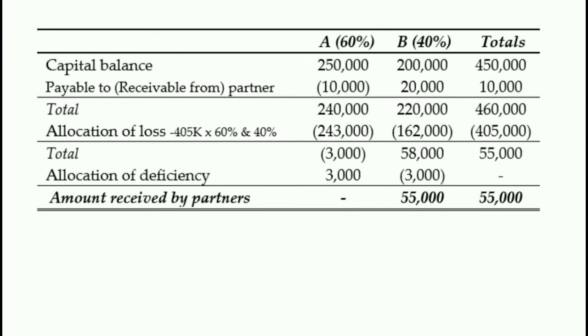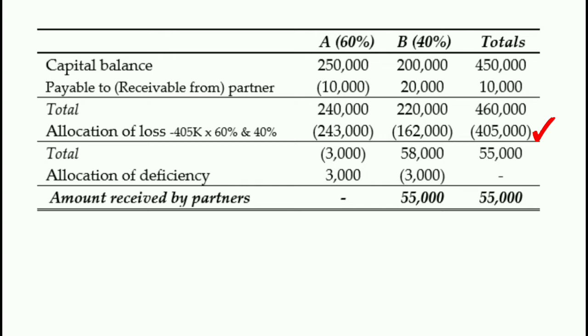Next, allocation of loss. Yung loss na na-compute natin kanina ay 405,000 pesos. I-allocate natin yung negative 405,000 pesos based on the profit or loss ratio of the partners. For A, negative 405,000 pesos times 60%, that is equal to negative 243,000 pesos.